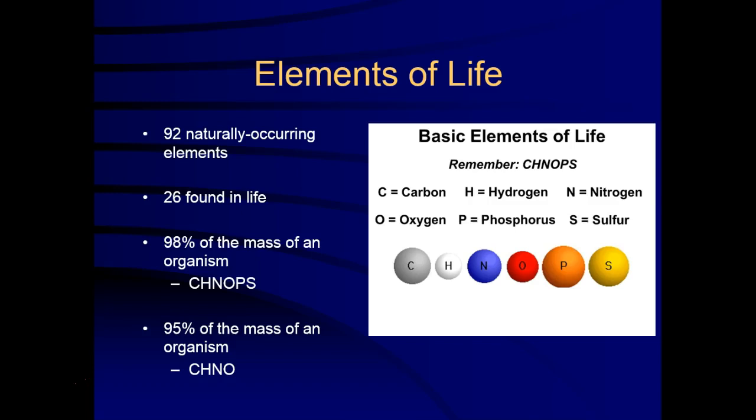Now, the big remarkable thing is that if we go and remove the two least abundant ones in life out of those six, if we get rid of phosphorus and sulfur, those four, carbon, hydrogen, nitrogen, oxygen, make up about 95% of the mass of an organism. So 95% of what you are, 95% of what a bacterium is, is made up of just four elements: carbon, hydrogen, nitrogen, and oxygen.